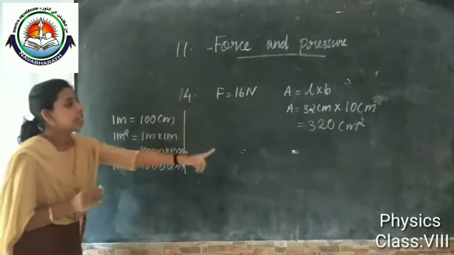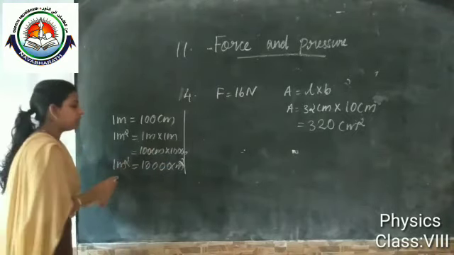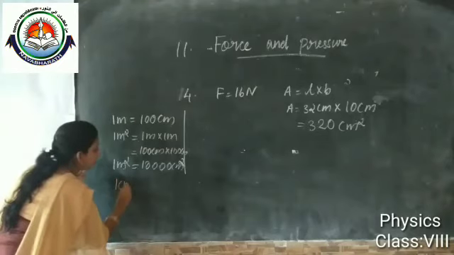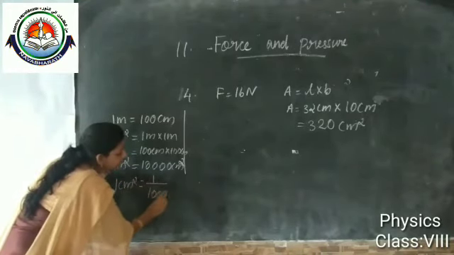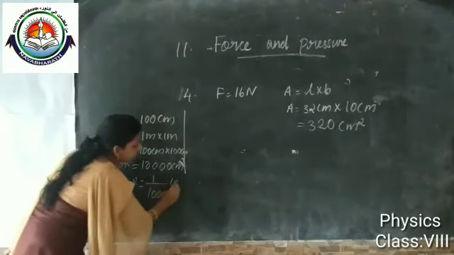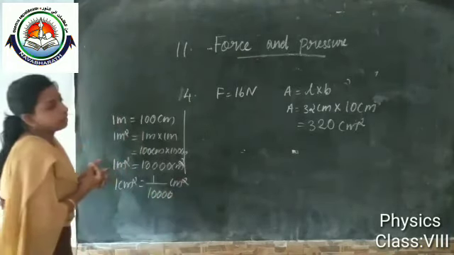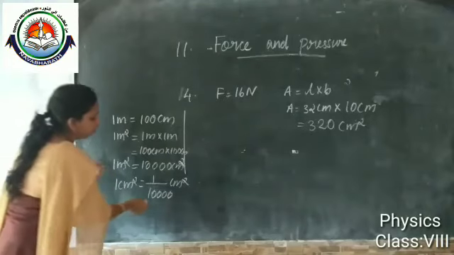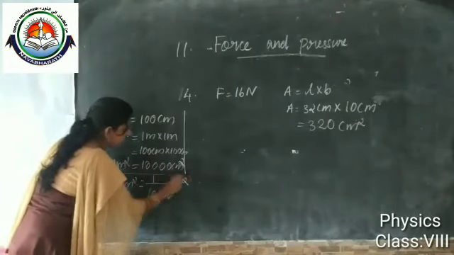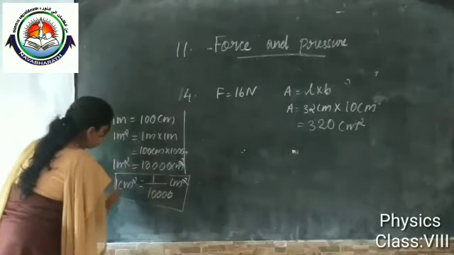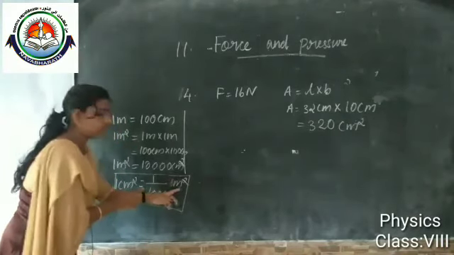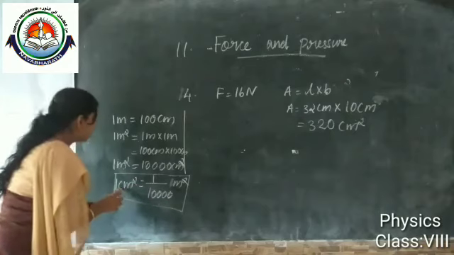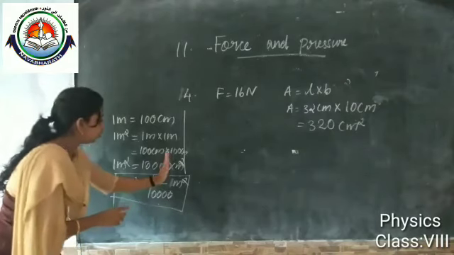Here we have to convert centimeter into meter. So 1 centimeter square is equal to 1 divided by 10,000 meter square. Sorry, it is my mistake, it should be meter square.